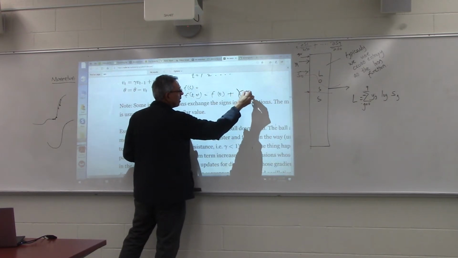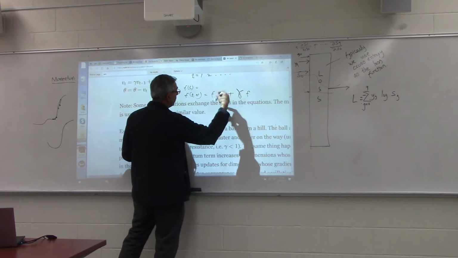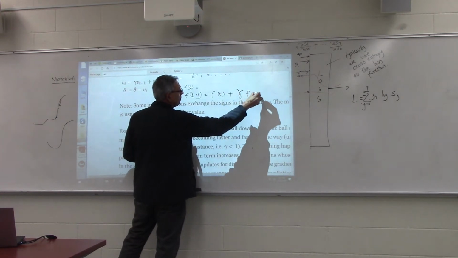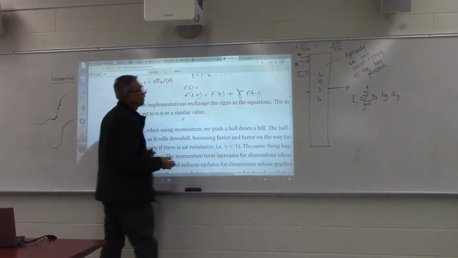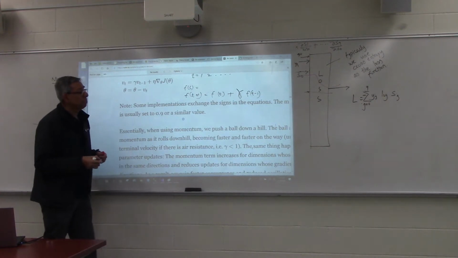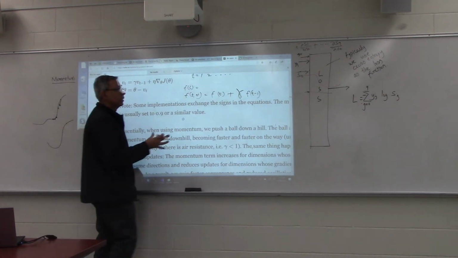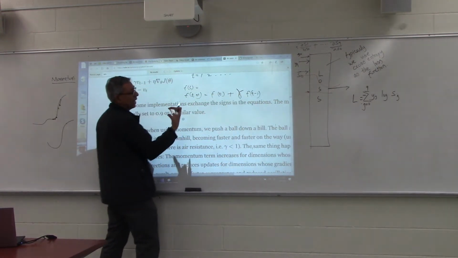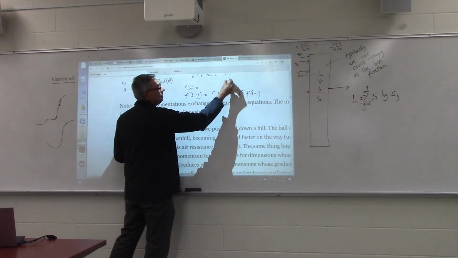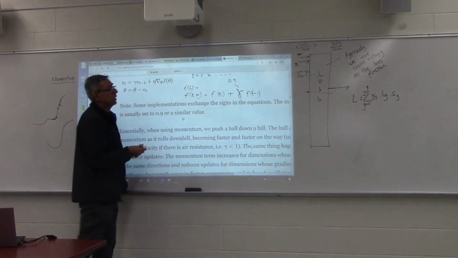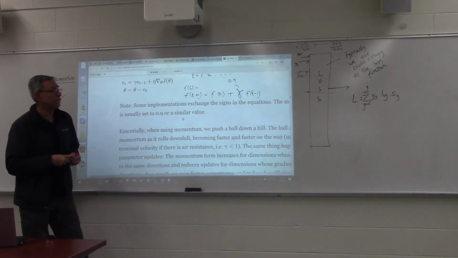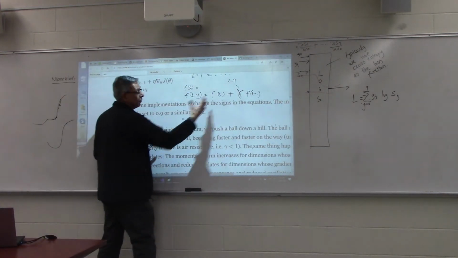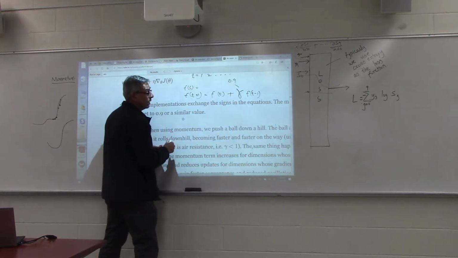Let me make it gamma times the old value, f of t minus 1. So we discount the previous value by some factor, usually less than 1, like 0.9, 0.95 or whatever. This way we have an idea of the past history.